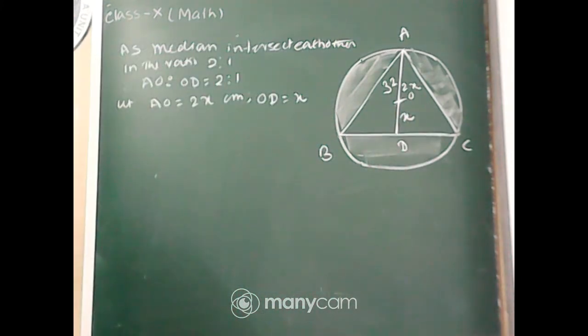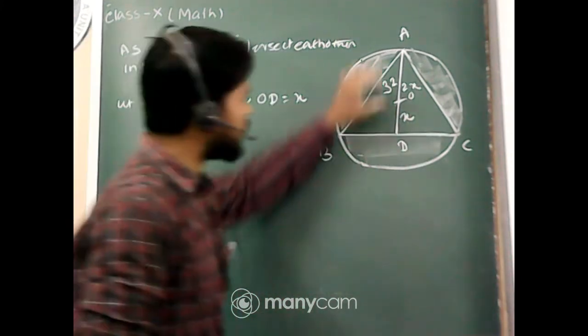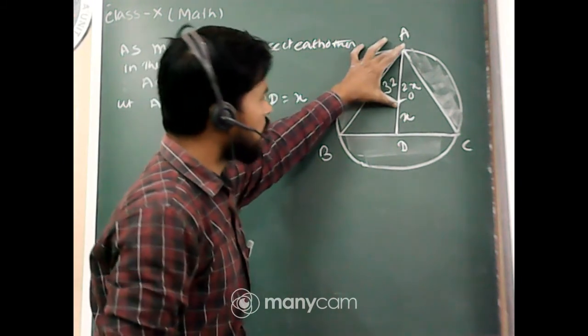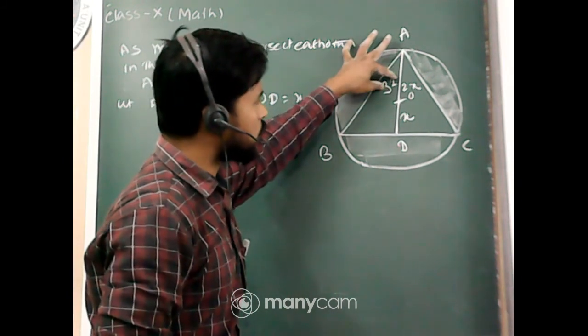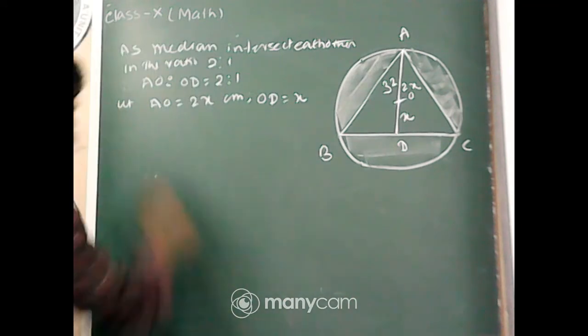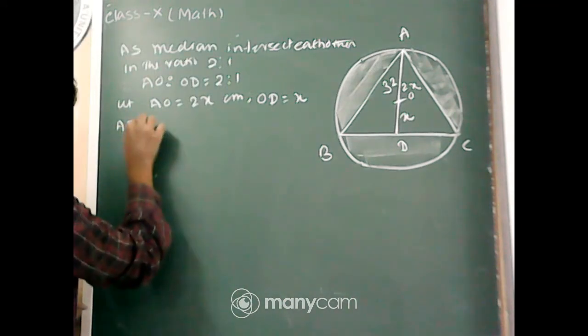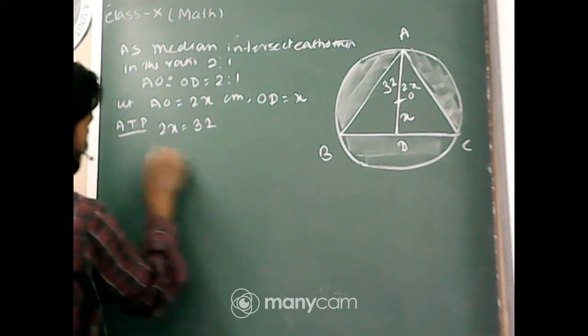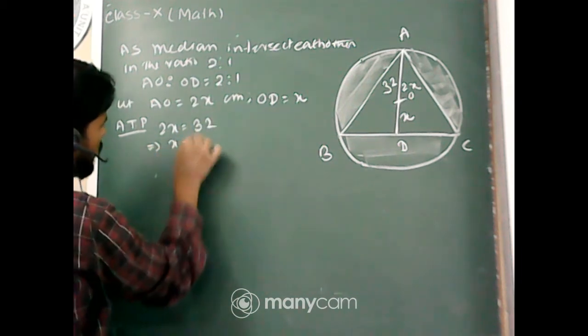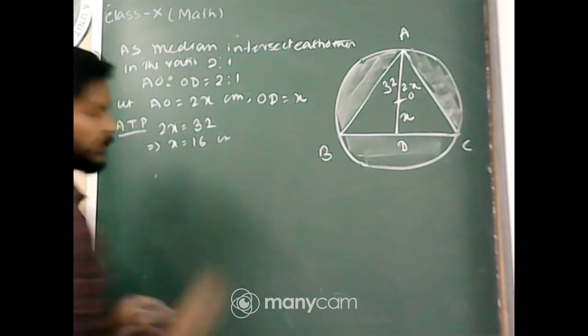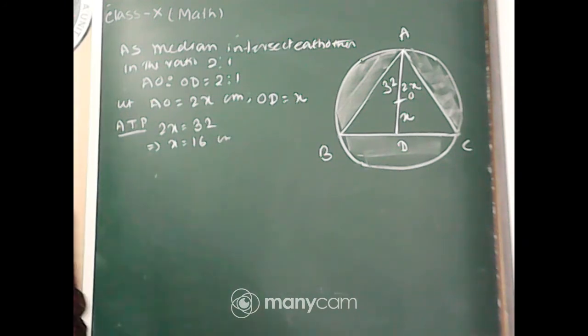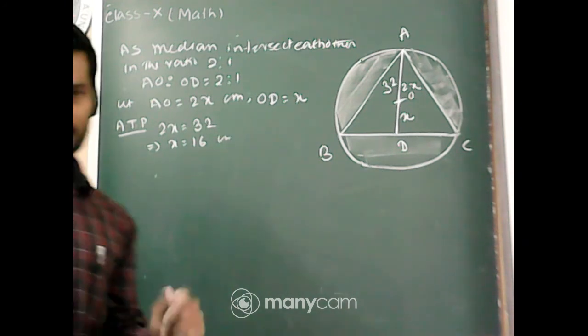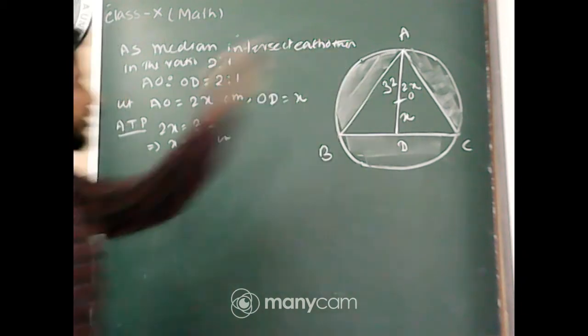Clear? Now look, it is given that the radius, means this portion of the circle, is 32 centimeter. So according to the problem, we have 2x is equal to 32, means x is equal to 16 centimeter. Now find the height of the triangle.